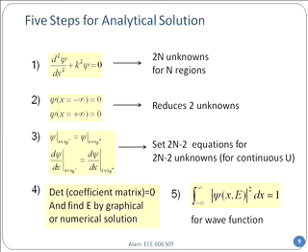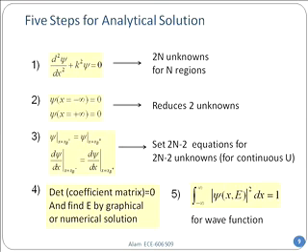Now, the first thing you will notice in solution of these problems is that we will divide the potential, often in the periodic potential, into n regions, and that will give us 2n unknowns. You'll understand in a second. We'll use the boundary conditions at plus and minus infinity.